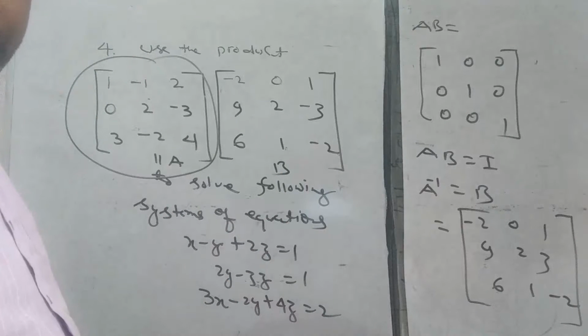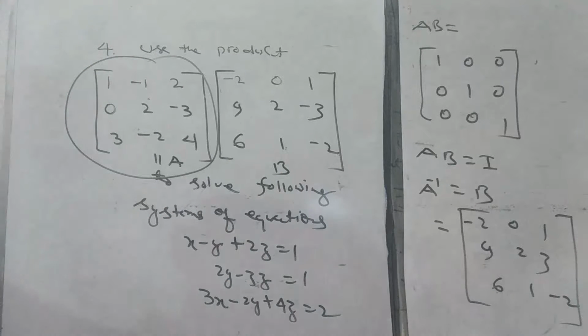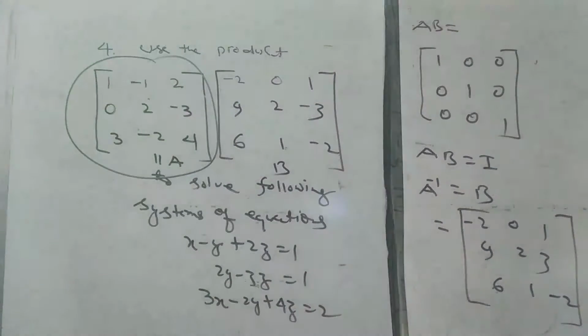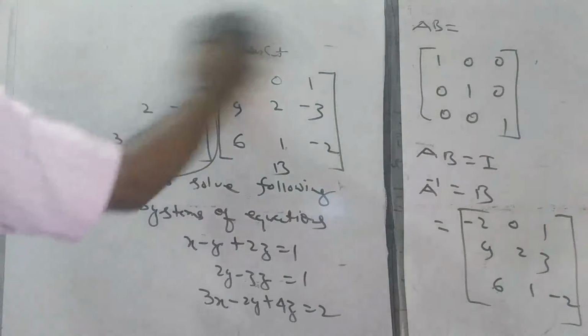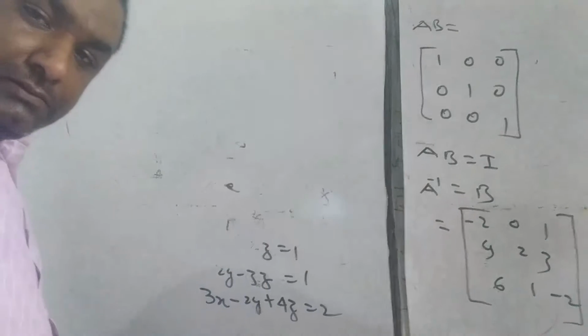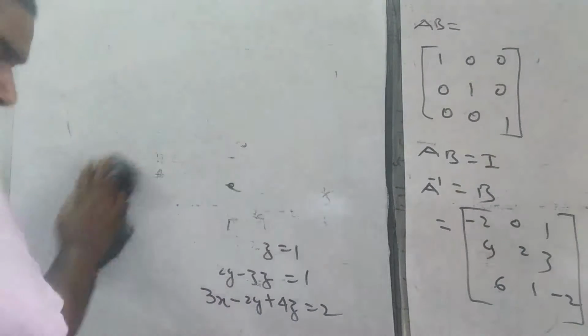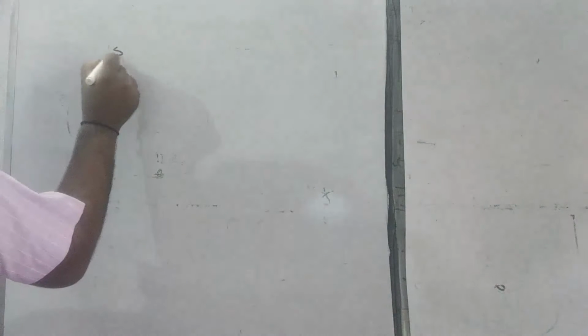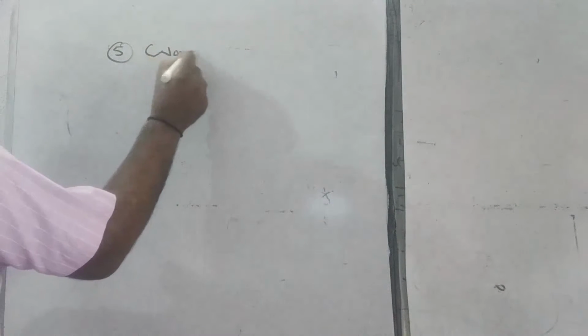So this is the fourth category. Now come to the fifth and last category, which is the word problem.